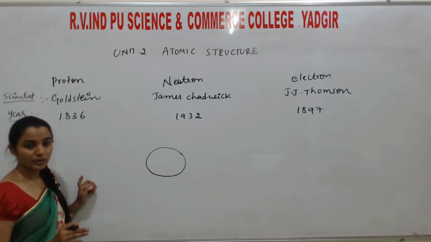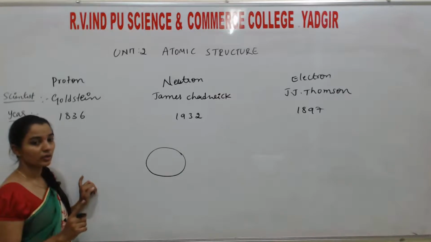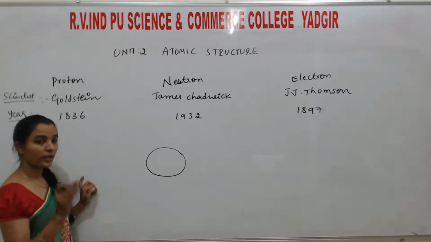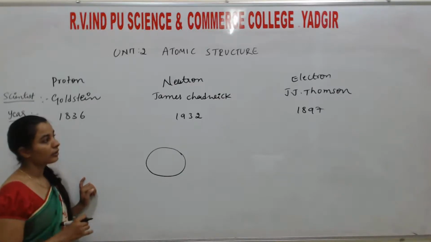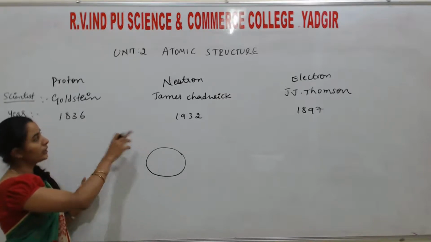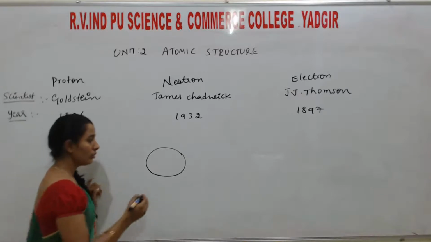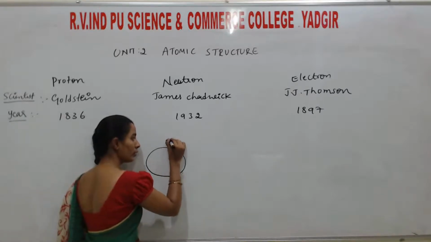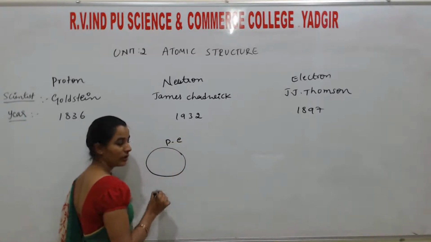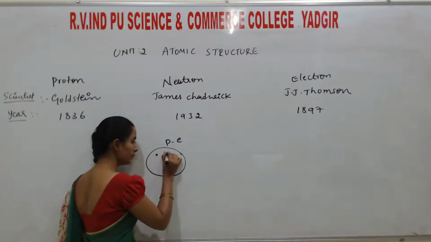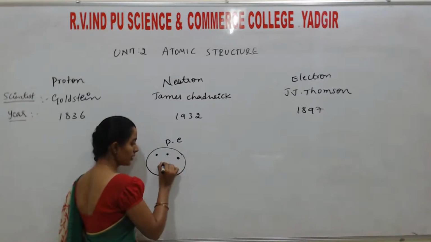There is no possibility of the presence of only a positive atom; there may be a negative one also. So in the year 1897, the proton was already discovered. So he came to know that in an atom protons are there, electrons are there. So he started assuming the protons and electrons are in what?